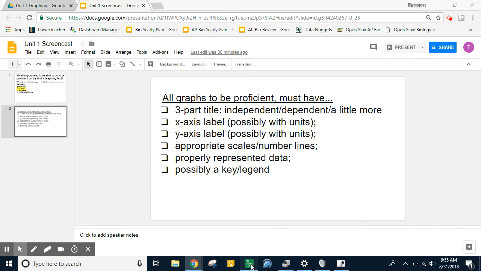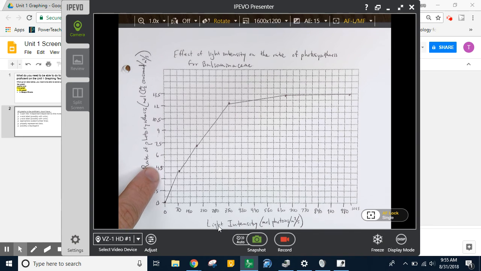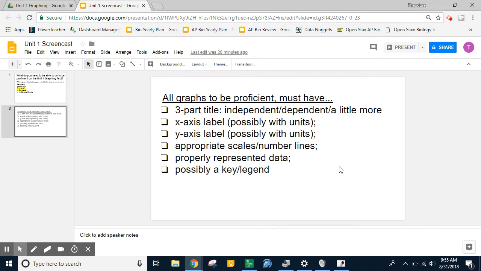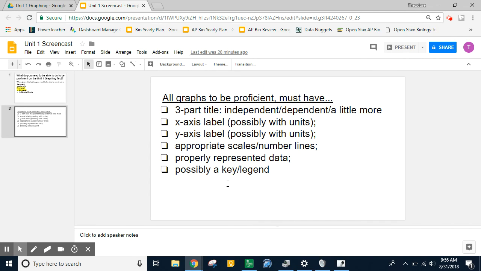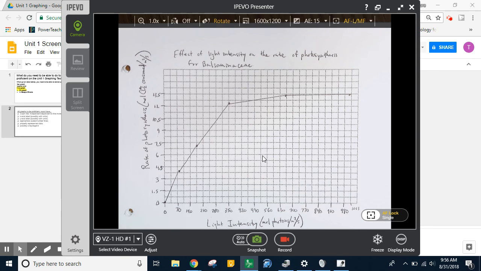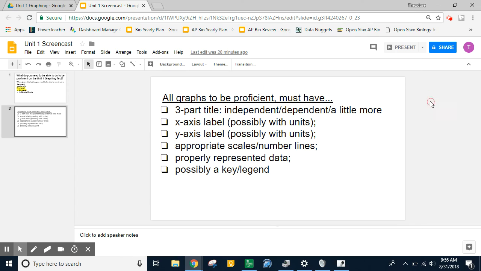Appropriate scales and number lines, all set. Properly represented data, all set. And then possibly a key or a legend. And we don't need that, so this is a proficient graph. So again, I hope that was helpful, and that is how you make a proficient line graph for our assessment.